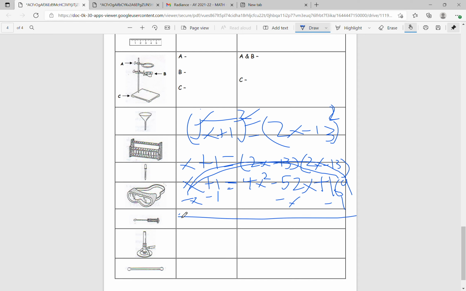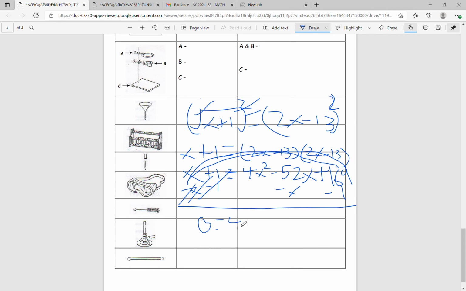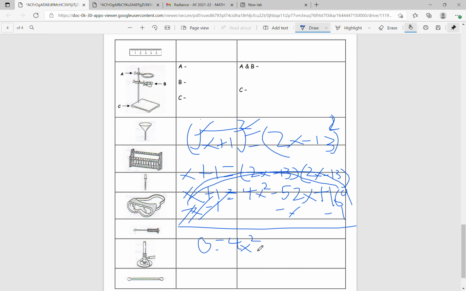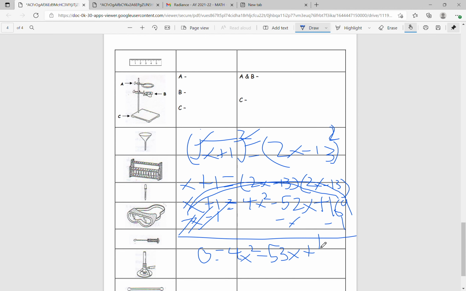So we're going to have 0 on this side because we moved everything from the left side to the right side. Now, negative 52x minus x is negative 53x. And 169 minus 1 is positive 168.